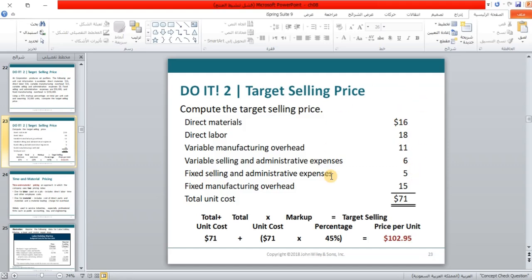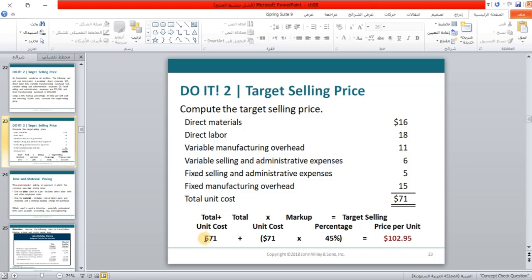We compute the total unit cost: direct material, direct labor, variable manufacturing overhead, variable selling and administrative expense, fixed selling and administrative expense, fixed manufacturing overhead. Total unit cost is $71.